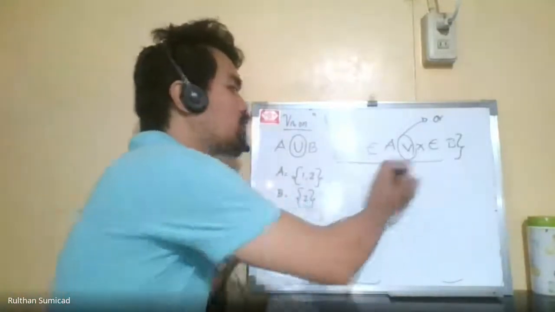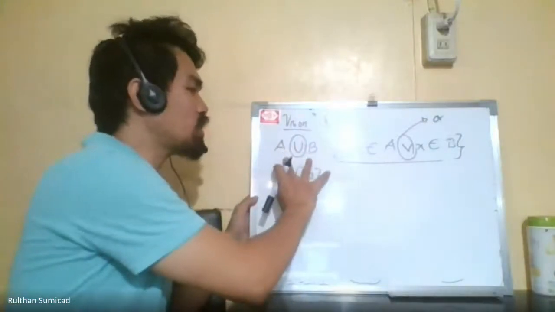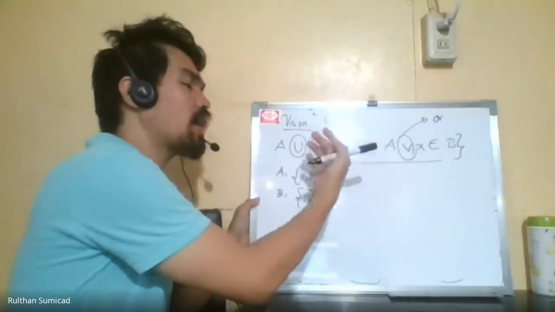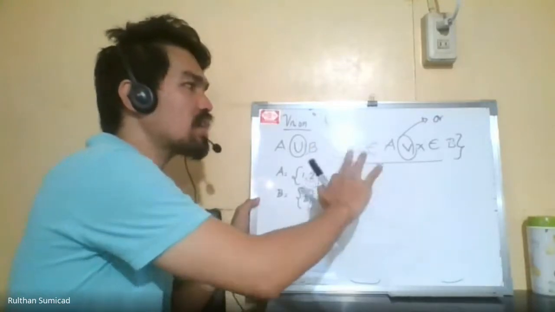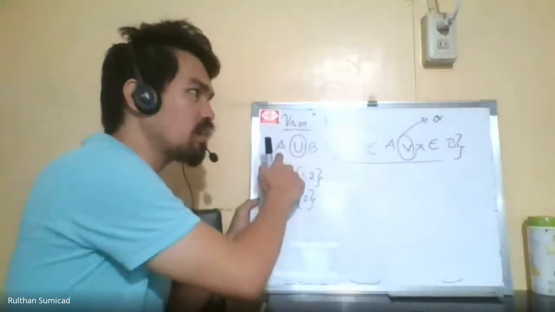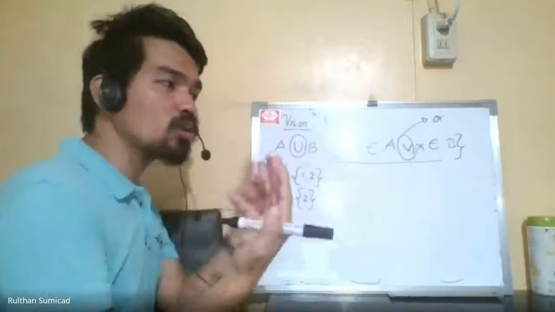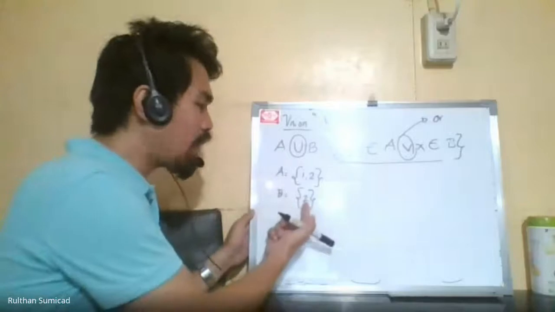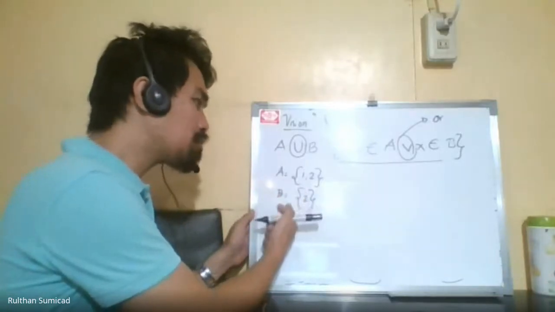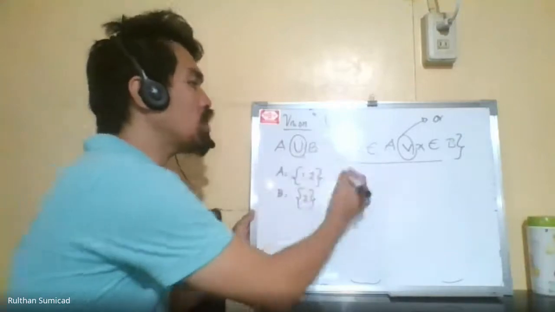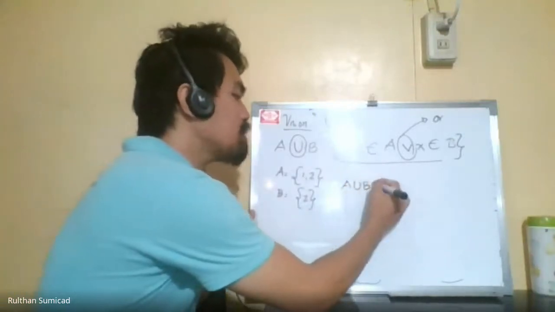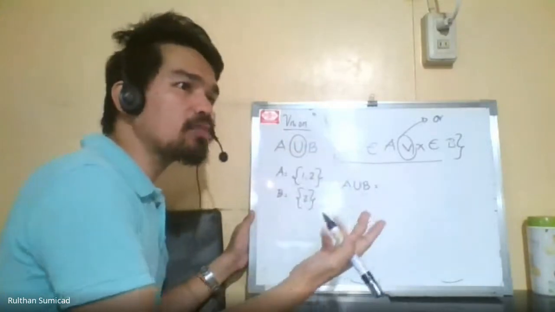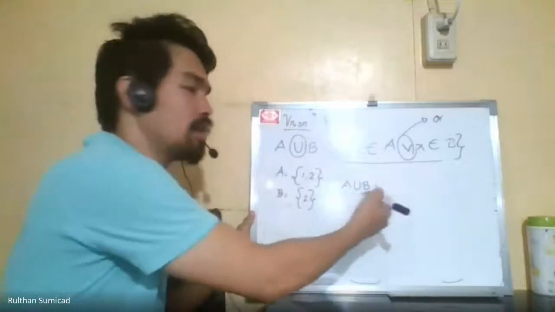According to this description for joining two sets using the operation union, we are referring to elements x such that x is an element of the first set or an element of the second set. Take note, there is no duplication of elements here. You notice element 2 is a member of B and at the same time a member of A. Therefore, when we have A union B, we simply combine them. There will be elements that are repeated. We're just going to recognize them once in the union.